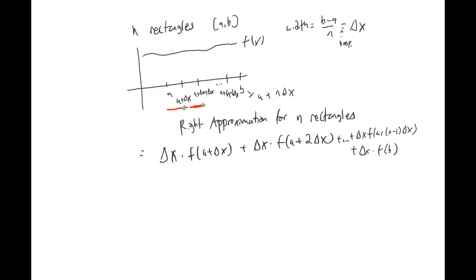It goes from a to a plus delta x, to a plus 2 delta x, a plus 3 delta x, all the way to a plus, I mean, you have n total copies, right? So it goes all the way to n minus 1 and then n, right? Except for this one, we just call it b, right? I calculated it for you.